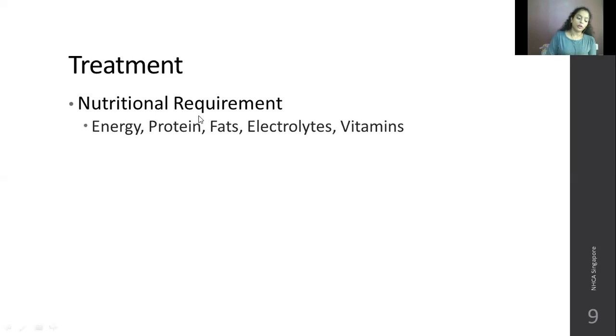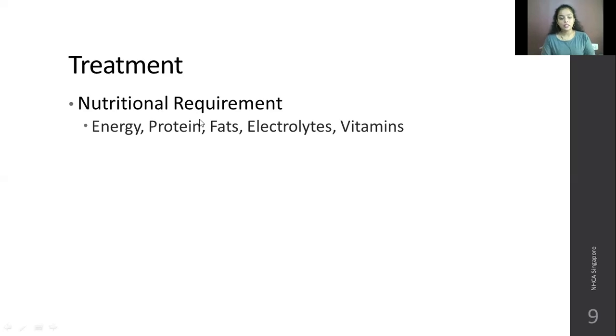Under nutritional requirement, for energy, you can underline these things on page number 164. How much energy should be given for a child under various age groups is given. A child should be given around 150 to 200 kilocalories per kg of their existing body weight.